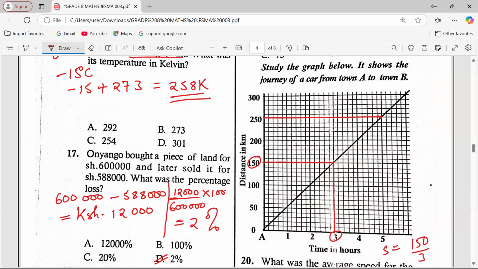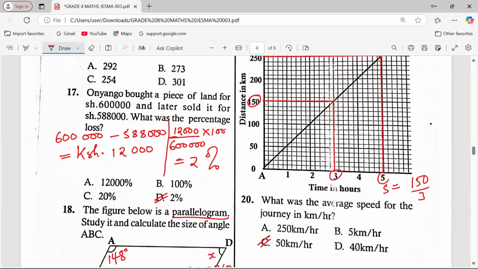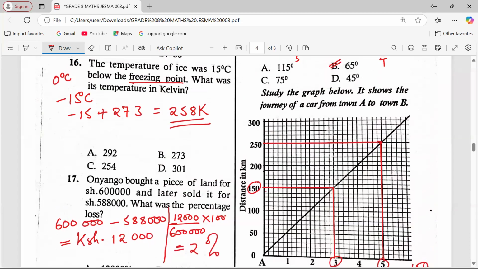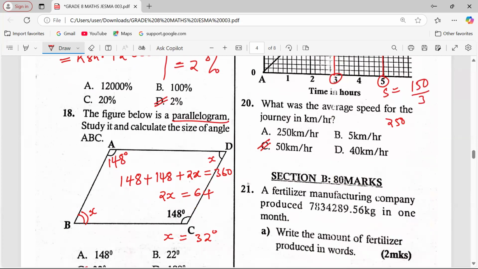You discover that the coinciding hour here is 5. So 250 is covered after 5 hours. So 250 over 5 hours, we still confirm our 50 kilometers per hour. Section B, whereby we're going to do exactly 80 marks.